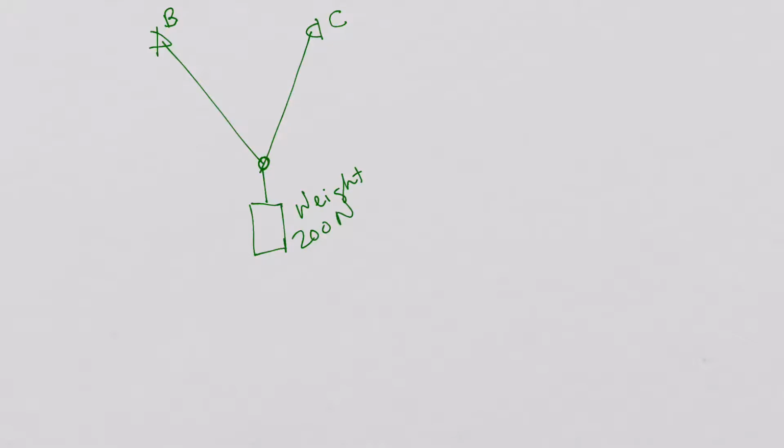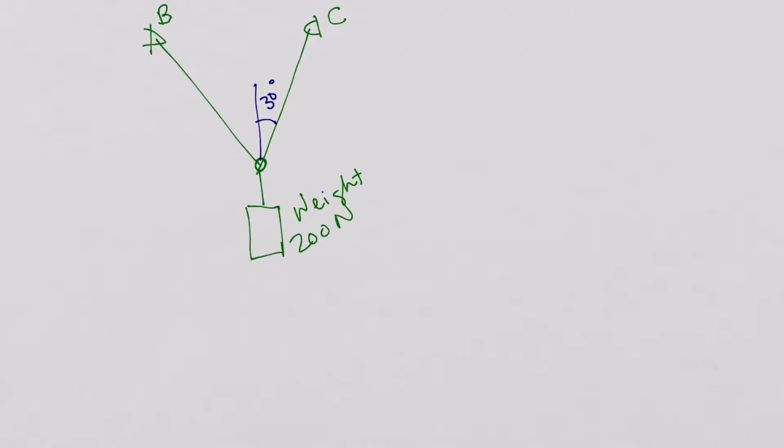And then they tell us some things about the angles. So this is 30 degrees, and this is a 3, 4, 5 triangle. So to do the free body diagram, and that's the first thing that we're going to do with all these static equilibrium problems.